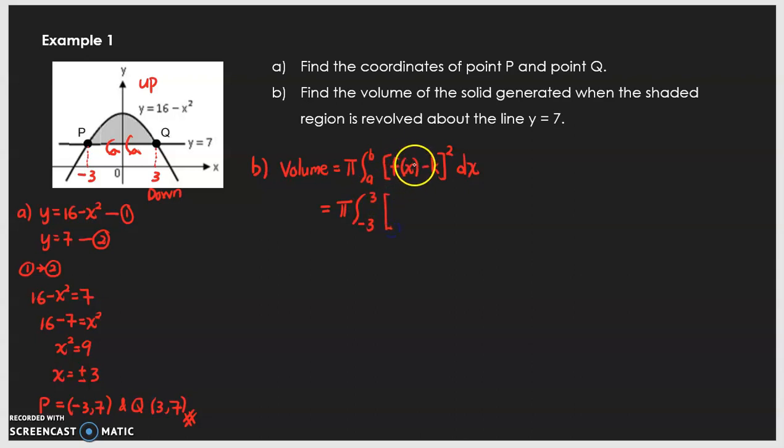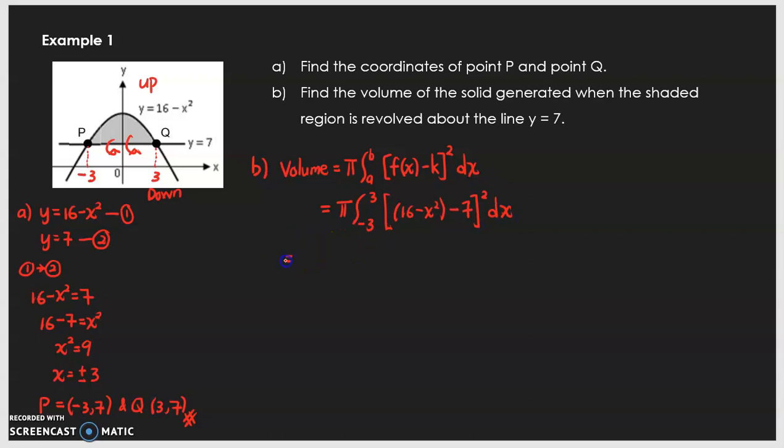Our f(x) is 16 minus x squared minus k. So let's say I put a bracket. Our function is 16 minus x squared minus k. The value of k in this question is 7. So minus 7 squared dx.